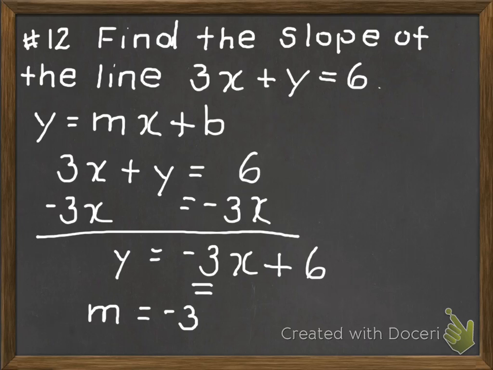So to get the slope of this line, we had to first put the line in slope-intercept form. And once it's in slope-intercept form, we see immediately that the x coefficient is our slope. We immediately identify our slope as the x coefficient of the equation in slope-intercept form.